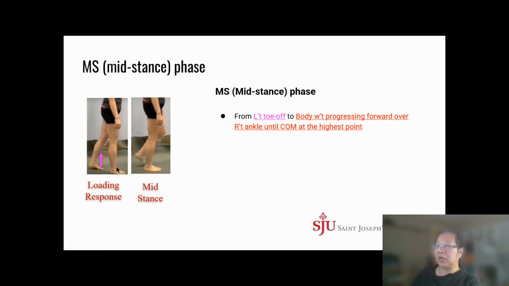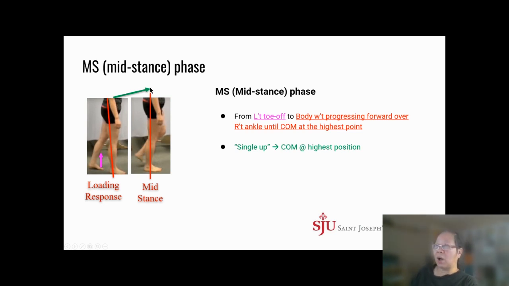That's the phase we call heel up, single up, so single leg standing, and then your body will keep progressing. So your body weight will progress anteriorly, and the center of mass will reach the highest point.